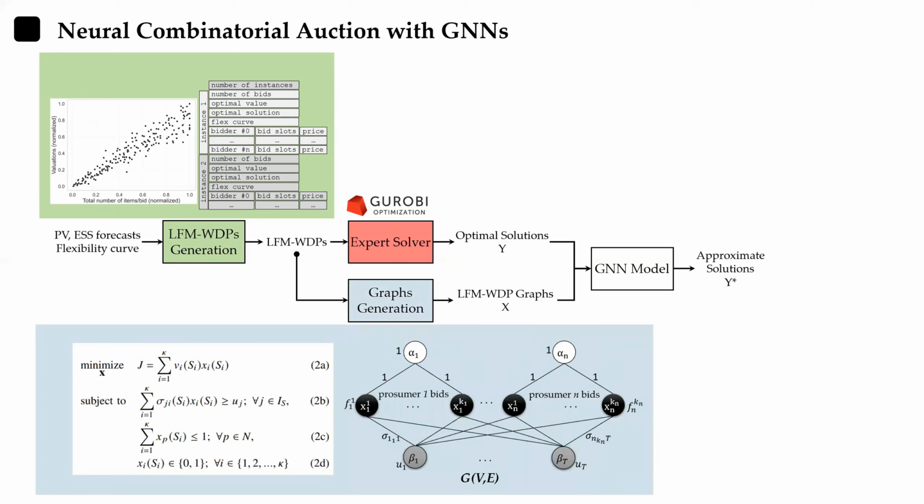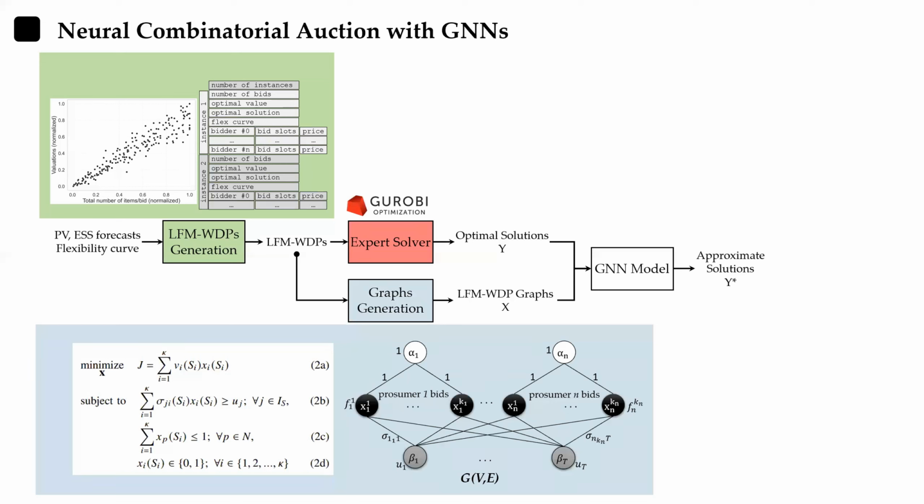At the same time, we proposed a graph representation which encodes the local flexibility market winner determination problem in 3 types of nodes. The first is the bid nodes, X in this figure, where each node represents a bid, and we feature that by the bid price.